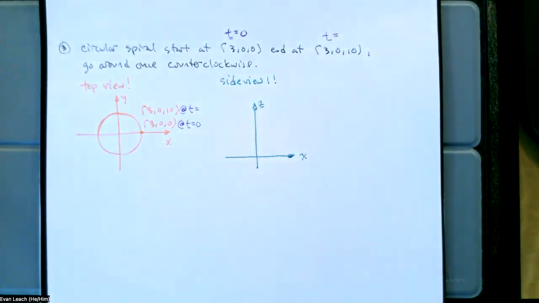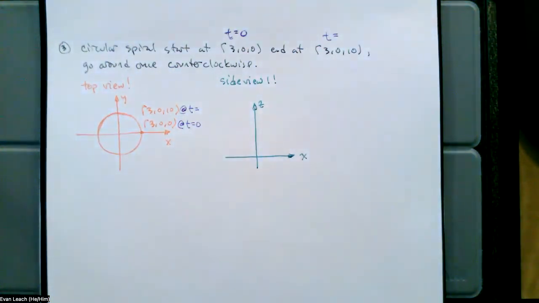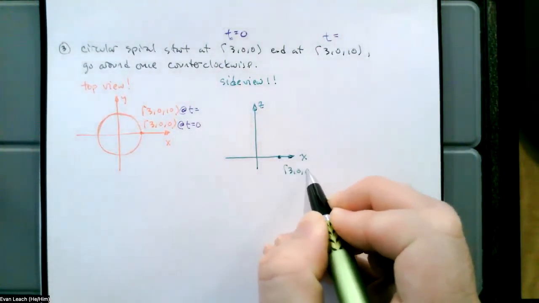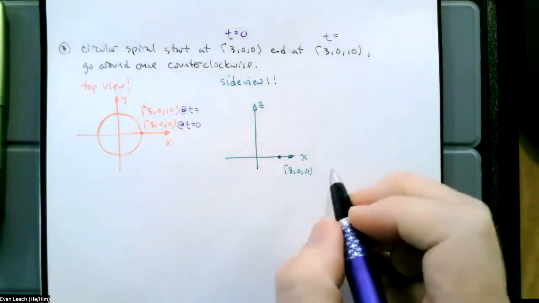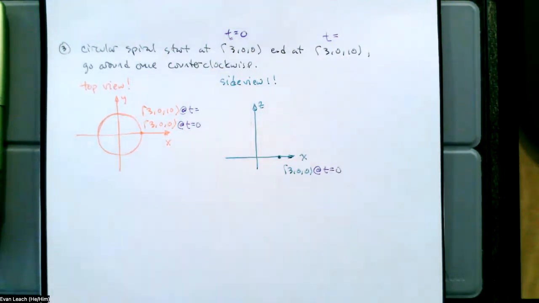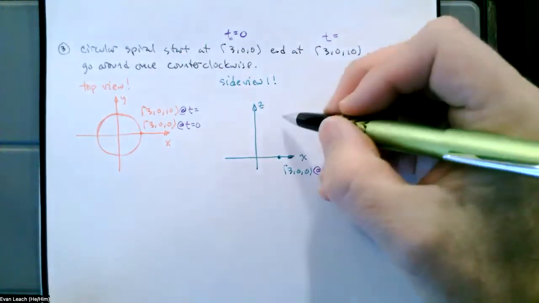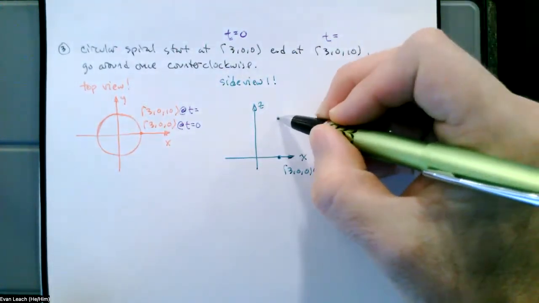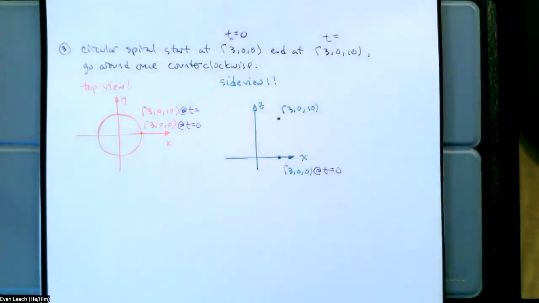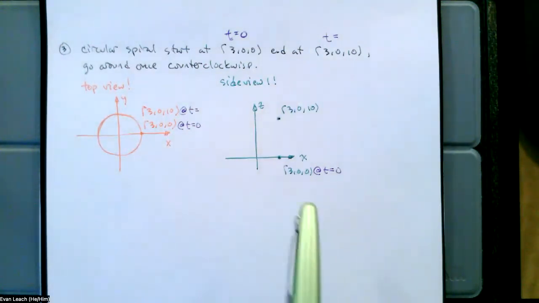So if we look at this spiral from the side, we're going to start off at 3, 0, 0, and we're going to go up to 3, 0, 10, which will be directly above this point, 10 units up. This is the vertical translation that we can't see from our top view.